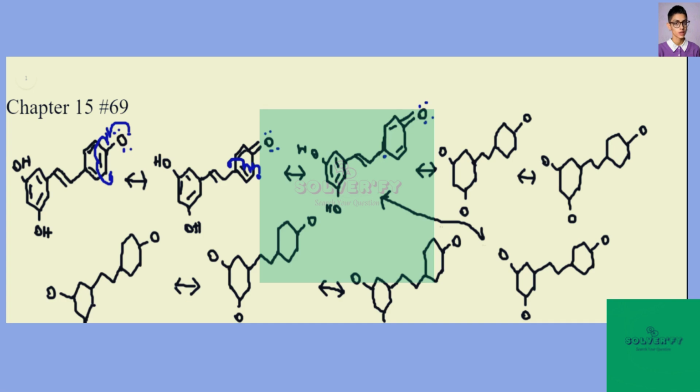Just thinking about finishing moving the double bonds around this first ring, we can draw structures that will look like this.